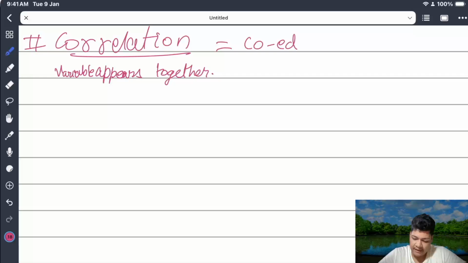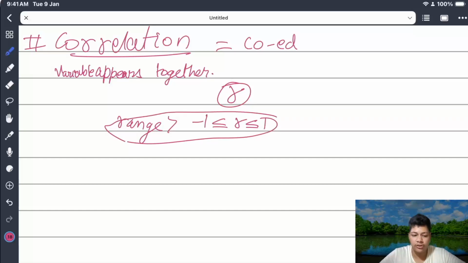The correlation sign is r. The range of its value is from -1 to +1. This is the range of the correlation. If r is +1, it shows a perfect positive relationship.